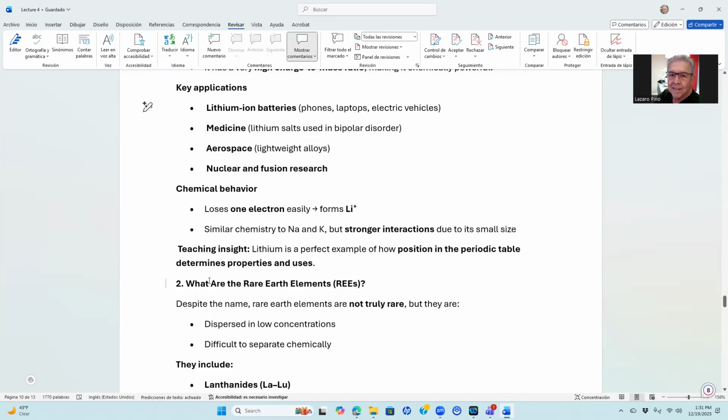What are the rare earth elements? Let's see. Let's go. 2. What are the rare earth elements, REEs?